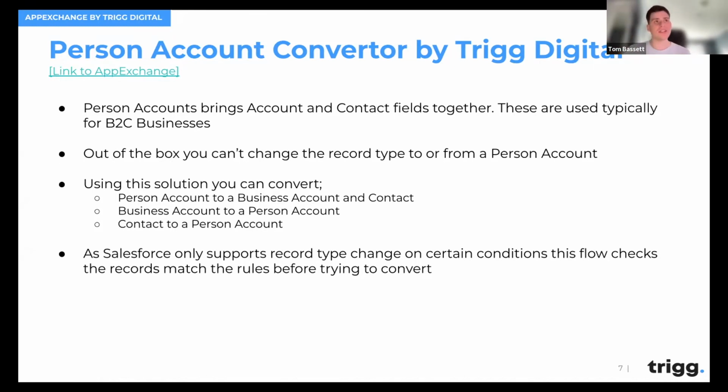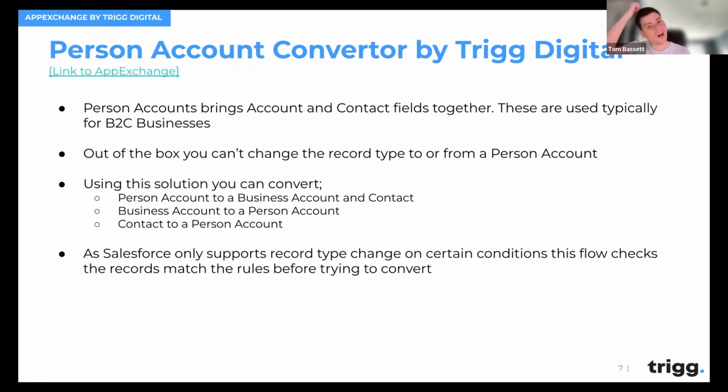The solution itself uses flow. And as the flow is managed, unfortunately, you can't go into the details and see my super secret working out here. But the flow checks that the account meets the conditions before it actually allows you to convert. There are some rules that Salesforce put in place.